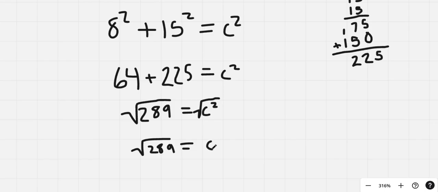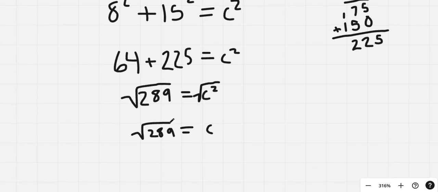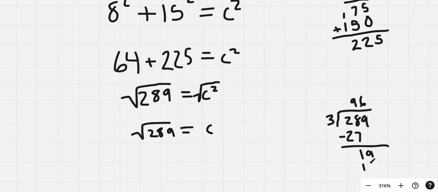Now we look for perfect square factors. It's not popping out at me right away. Let's see if 3 goes into 289. 3 goes into 28 9 times. 3 goes into 19 6 times, which gives us 18.